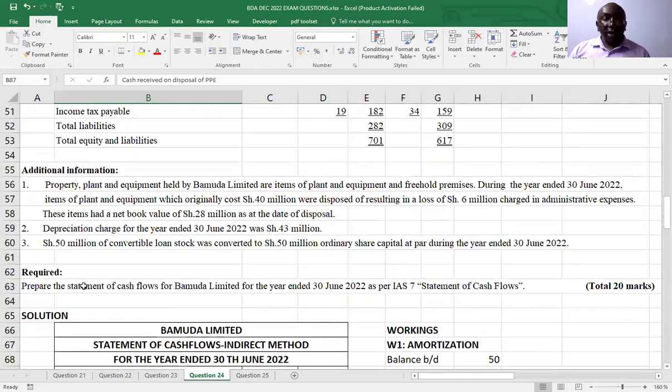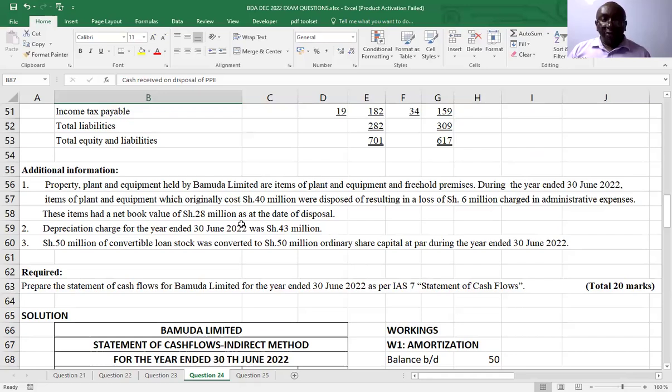So we are told here that there was a plant that was sold during the year, and it had originally cost 40, and it was disposed, and we made a loss of 6. And it had a net book value of 28.